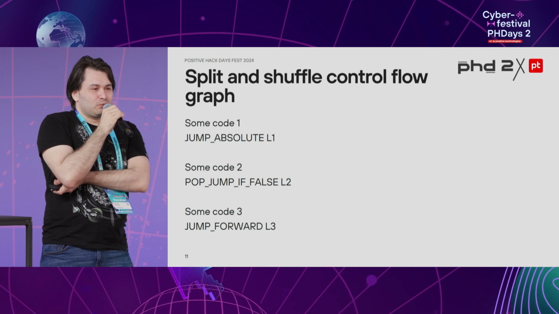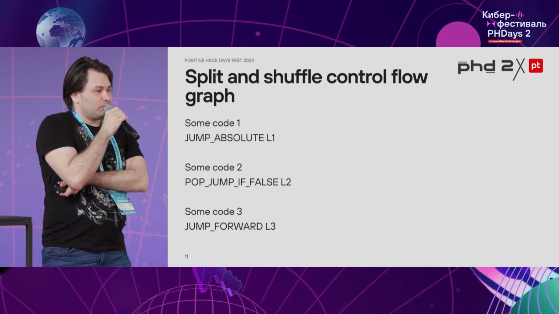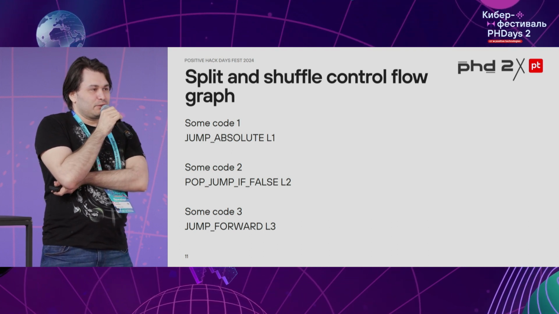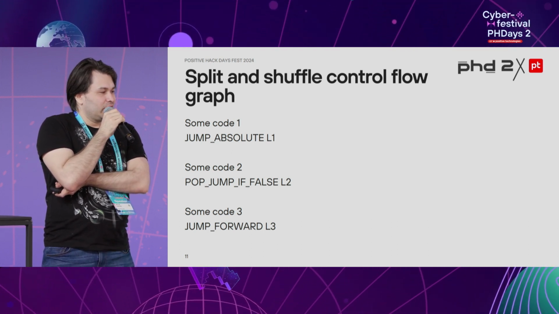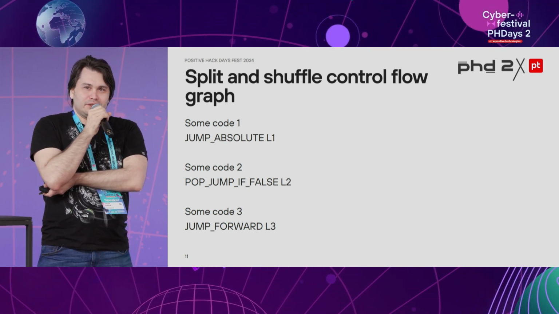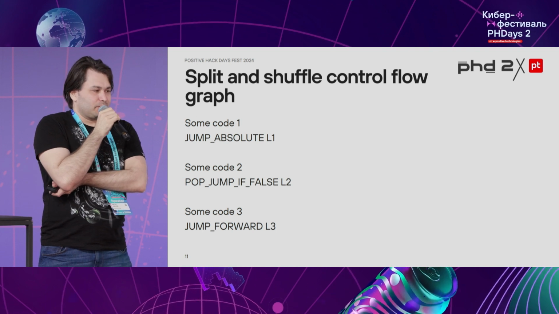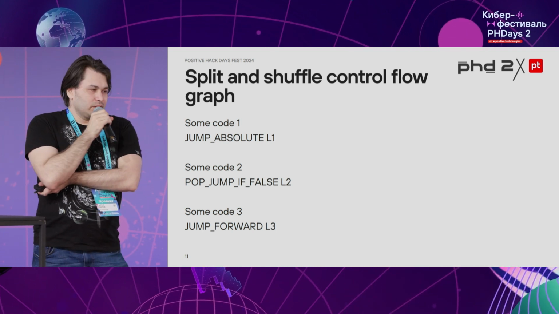And the endings are all transfer instructions. The jump absolutes or jump forwards without handing over the controls, and these jumps should be left at the end of the blocks so that they would be jumping to the shuffled sections.